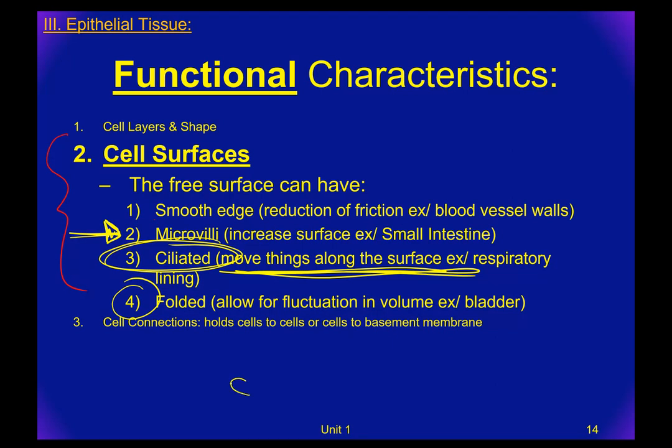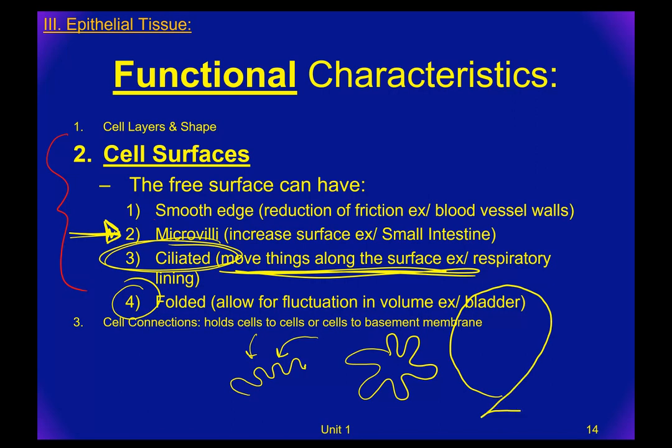If you have a surface that is folded and you fill that, let's say, space. So I've got something that looks like this, a deflated balloon, right? And then I fill the balloon with air. This straightens out, right? It doesn't stay all floppy. You don't have a balloon that looks floppy like that.